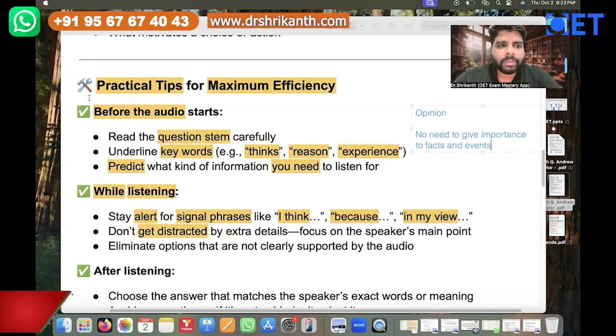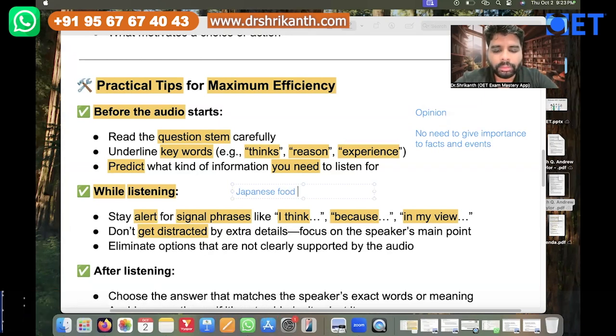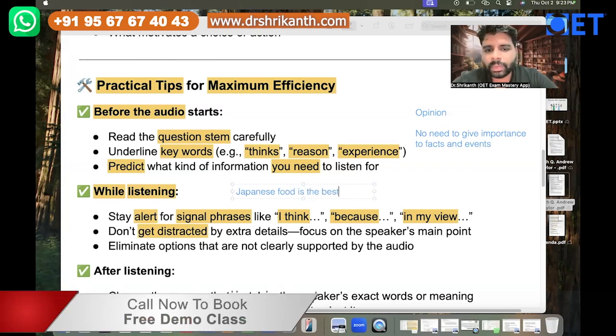So for example, if I say, Japanese food is the best, this is an opinion, because I'm saying that Japanese food is best.